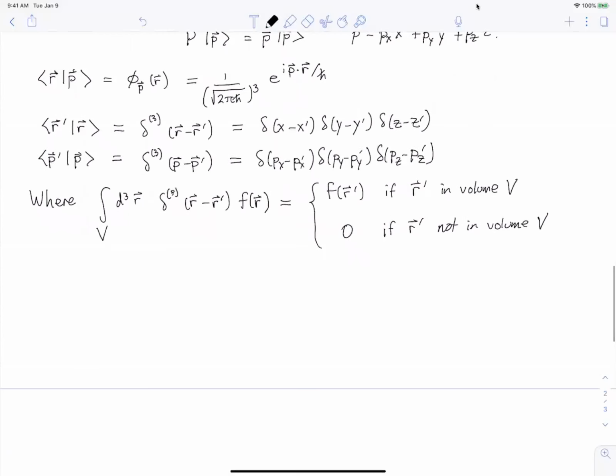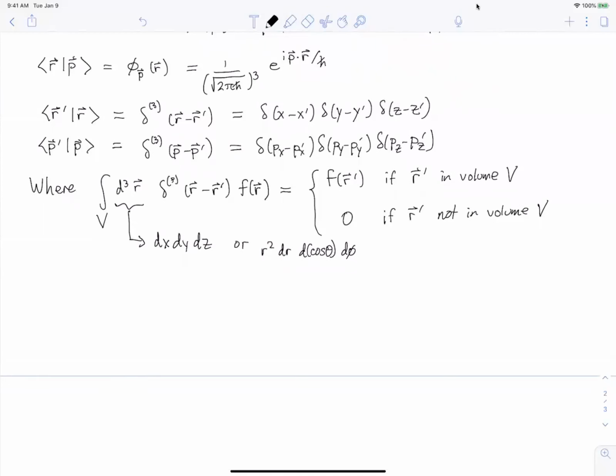And so what's this d3r? One way we can write it is just dx times dy times dz, the product of the differentials in ordinary one-dimensional space. Or we could write it in spherical coordinates, where it takes the form r squared dr d cosine theta d phi.